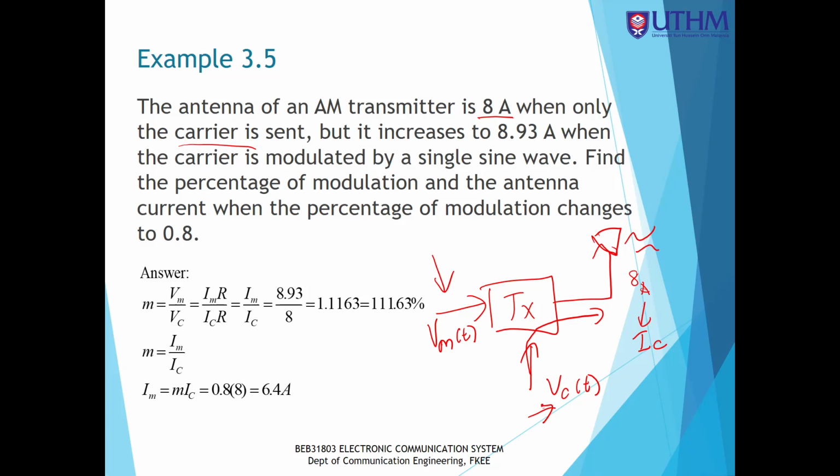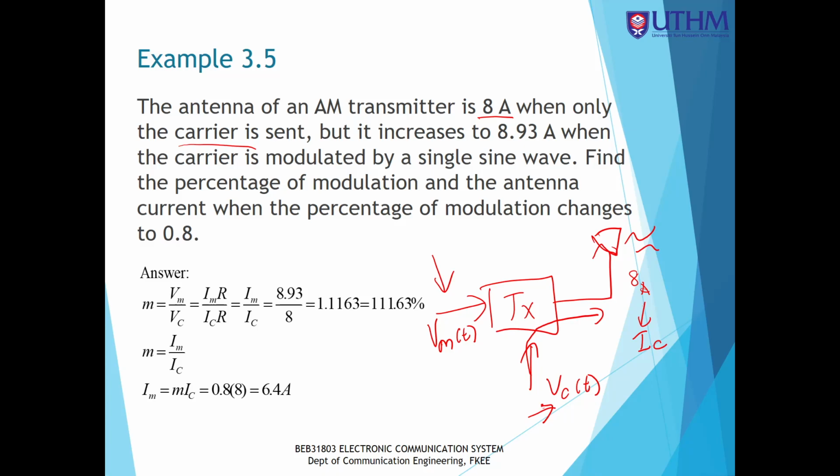Okay. So from this question, you can predict the answer. Okay. So find the percentage of modulation and the antenna current when the percentage of modulation changes to 0.8. So there are two questions here. Okay, ada dua soalan di sini sebenarnya.